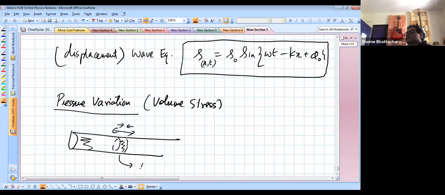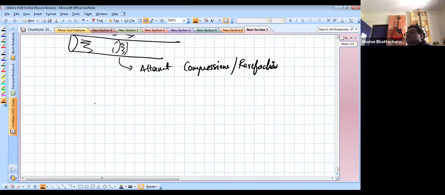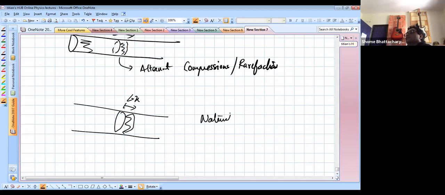So it undergoes alternate compressions and rarefactions. So consider this section which has a natural thickness of delta x. The natural volume V, you can say, is this area E times delta x.